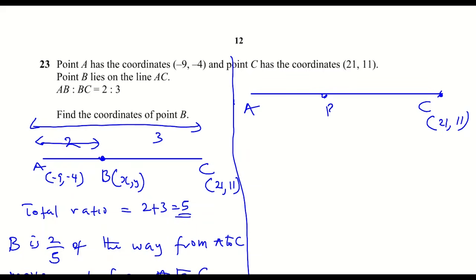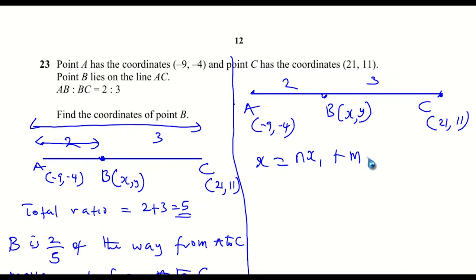This is point B. The coordinates are x and y, and for point A, the coordinates are negative 9 and negative 4. The ratio is 2 to 3. The section formula to get x is x equals (n x1 plus m x2) over m plus n.